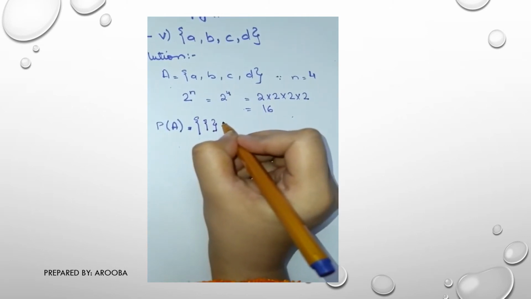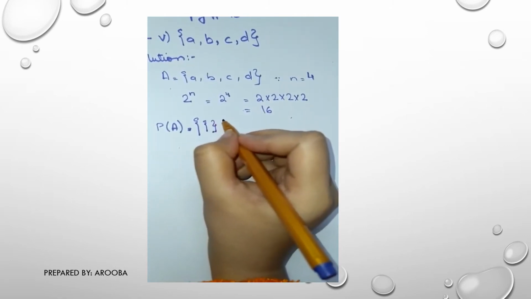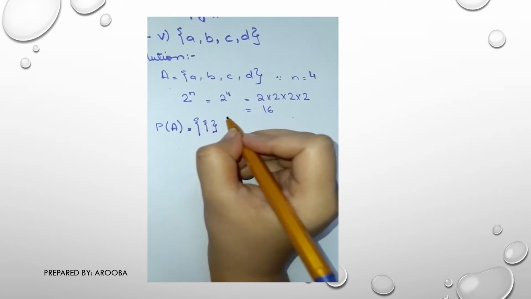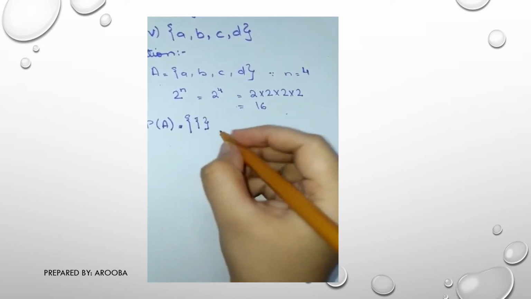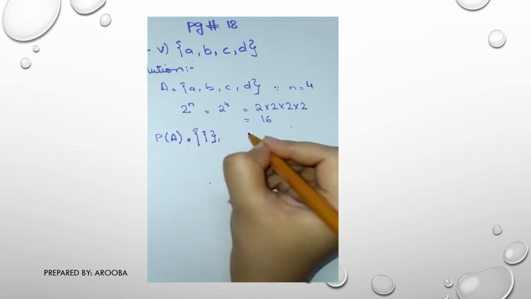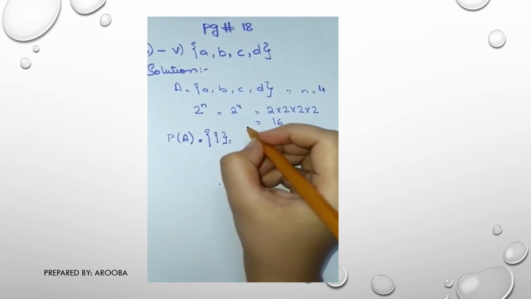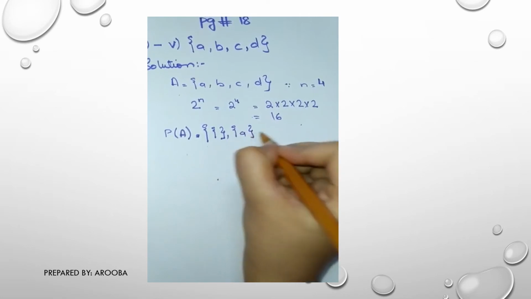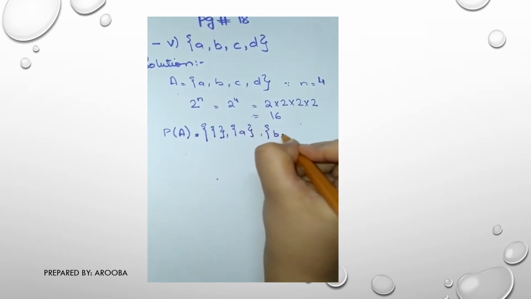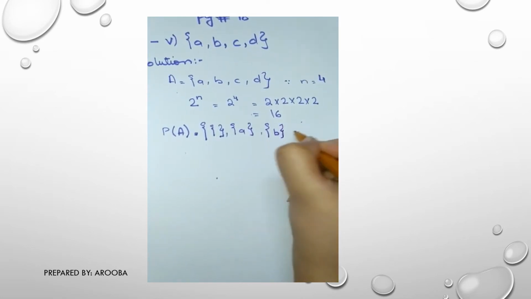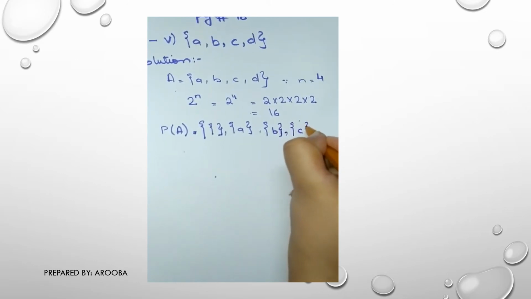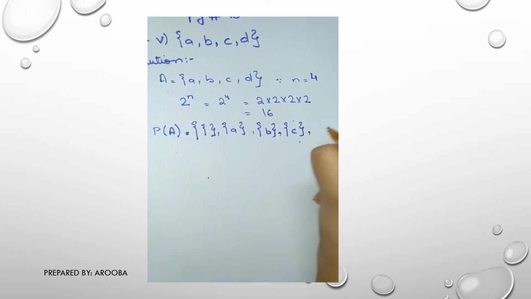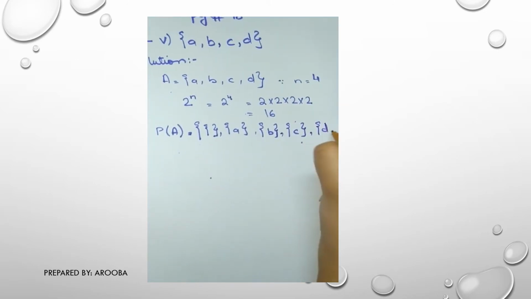As I told you before, the null set is a subset for every set. This is compulsory. Now second, individual elements: A individually, B individually, C and D.